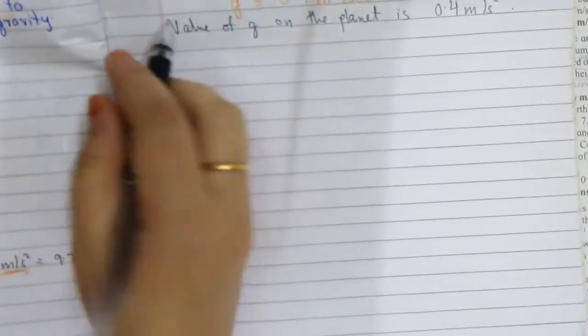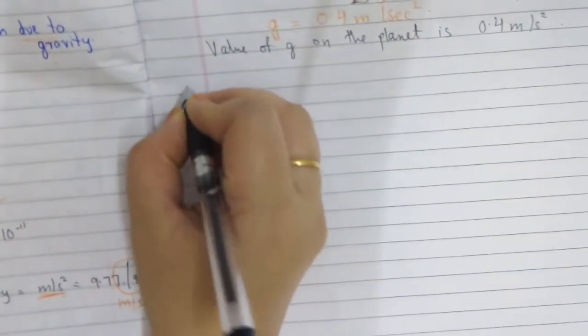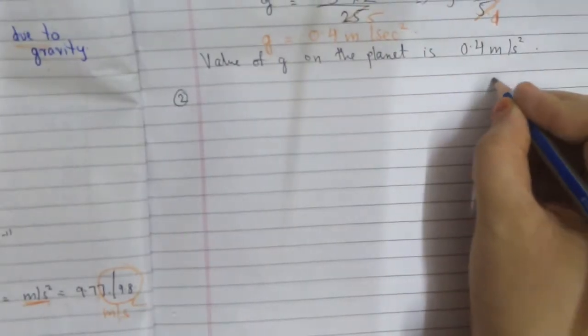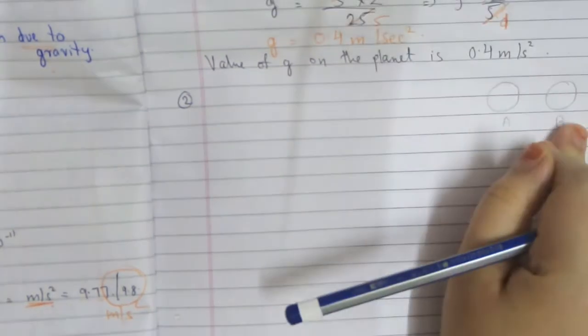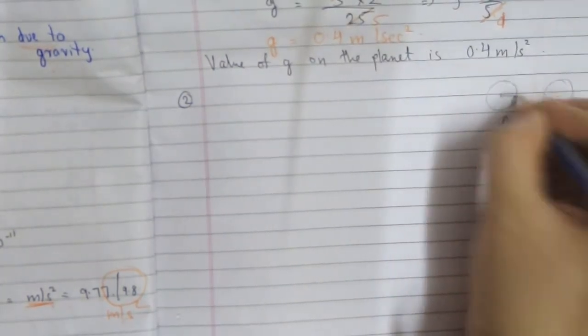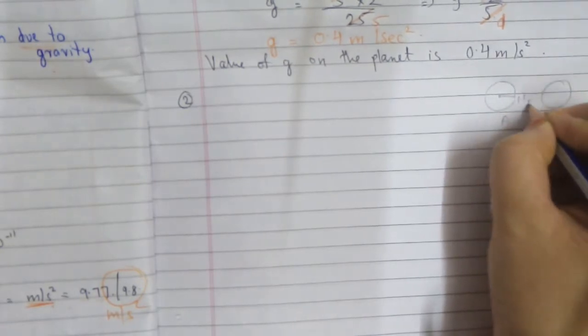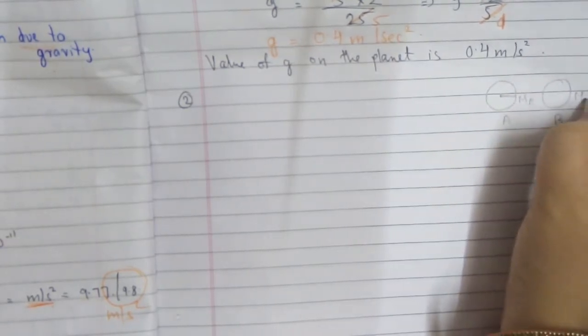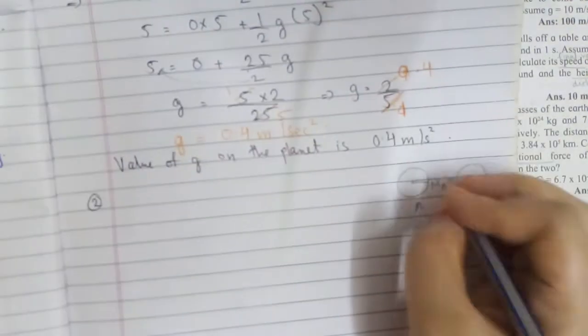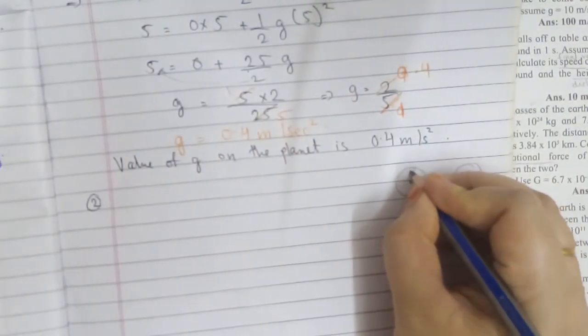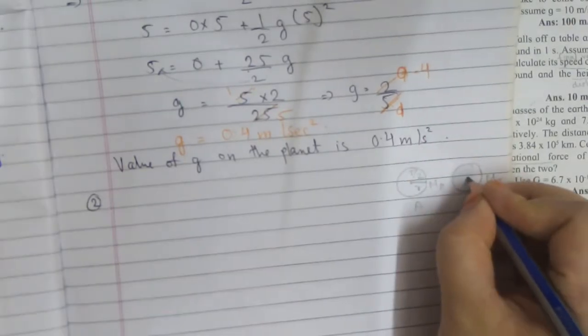Now let's first write down all the conditions given in the question. First we will draw a rough diagram. This is object A and this is object B. Mass here will be ma and here mb. Radius of planet A is half that of the radius of B, so the radius will be r upon 2 here, and here the radius will be r.